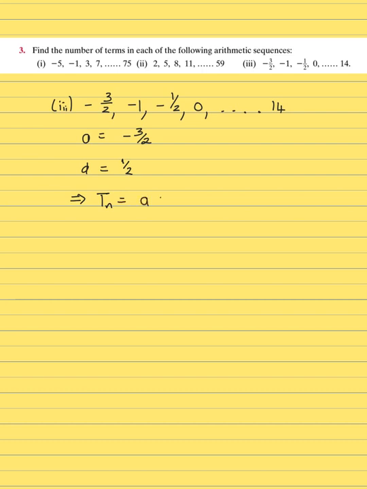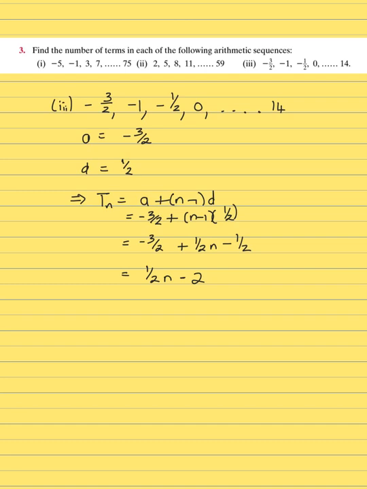So Tn is equal to a plus n minus 1 times d, which is minus 3 over 2 plus n minus 1 times d, which is a half. So we have minus 3 over 2 plus a half n minus a half, and that gives us a half n minus 2, because minus 1.5 minus a half is minus 2.